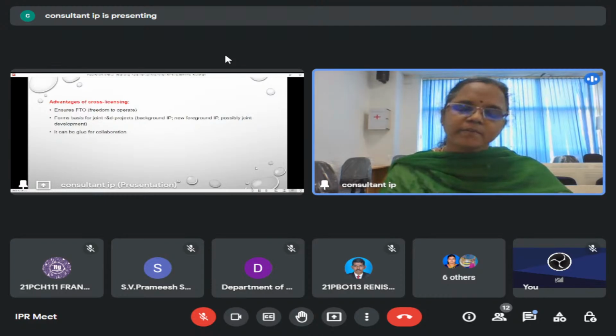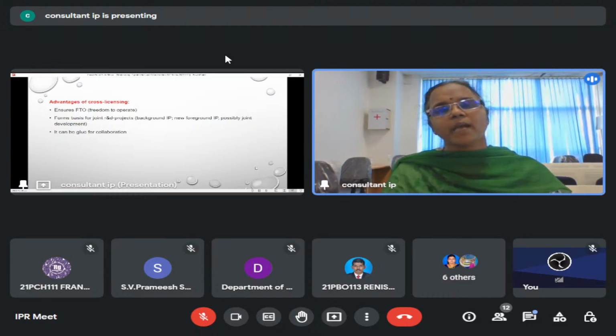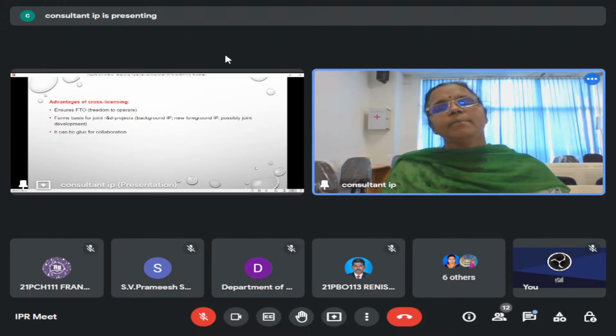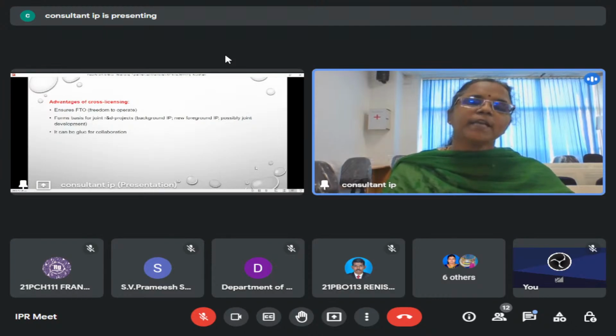These examples I have given are from the industry, of course, because ultimately the aim of patent protection is to generate value out of it, and you have to either license it out to somebody else or start manufacturing on your own. But even in academia, within departments and domains, you can think of collaborating so that whatever patents you get can be made applicable to their domains, and their patents can be made applicable to your domains.